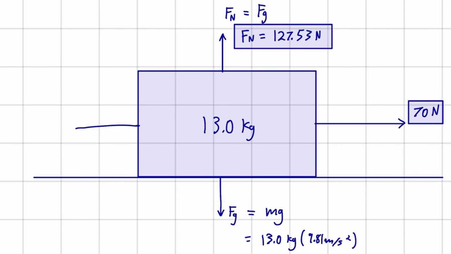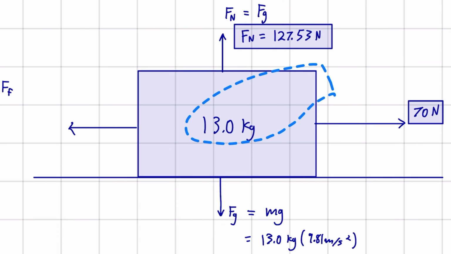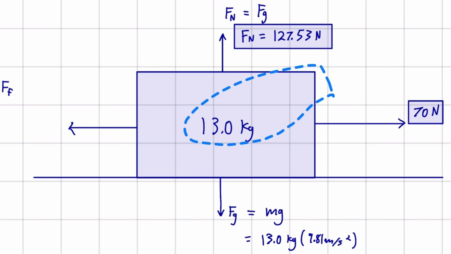And then this last one that we're going to have is the force of friction. So the force of friction is going to be what's acting in the opposite direction of the motion. So if we have a box that is being moved in this direction, the friction is going to pull in the opposite direction of the motion.